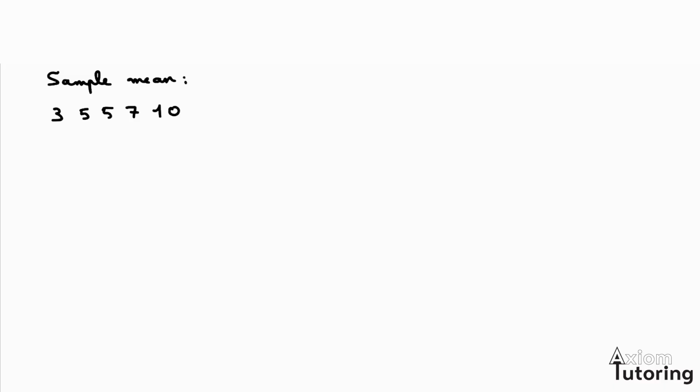You add up all of those values, so 3 plus 5 plus 5 plus 7 plus 10, that's 30, divided by the number of observations you have. So 1, 2, 3, 4, 5. So 30 divided by 5, you get 6. That's your sample mean.